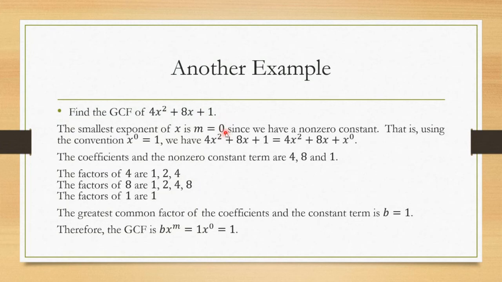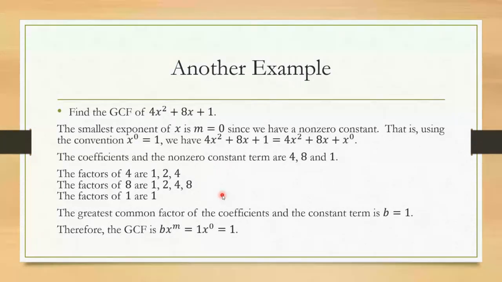Again, it's probably not best to write this, but for now I think it's okay because it's a way to remember it. Now, what about the coefficients and the constant term? We have 4, we have 8, and we have 1.